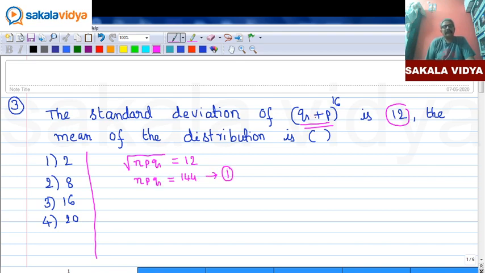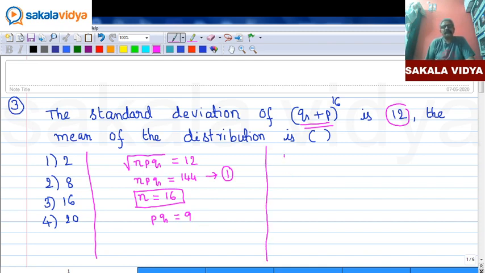This will be n equals 16. So now pq will be 9, because 16 pq is equal to 144, so pq is equal to 9.